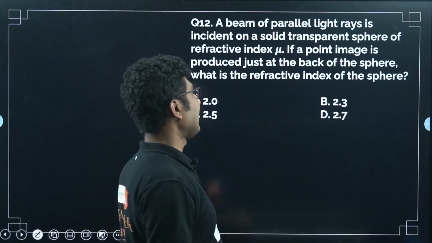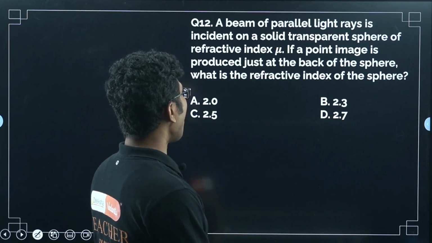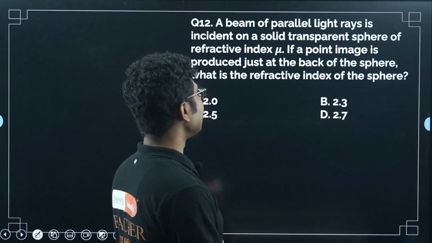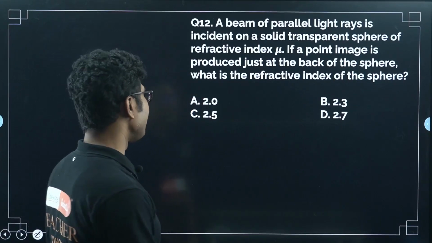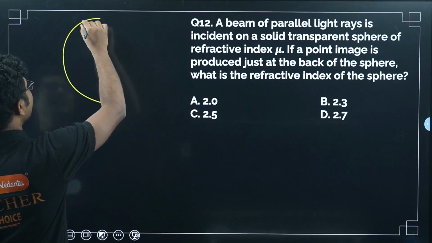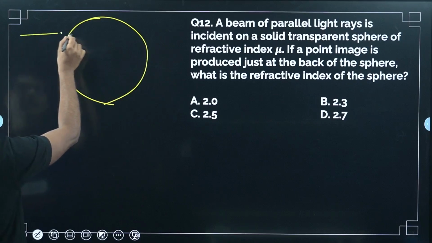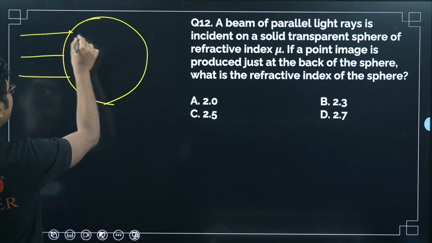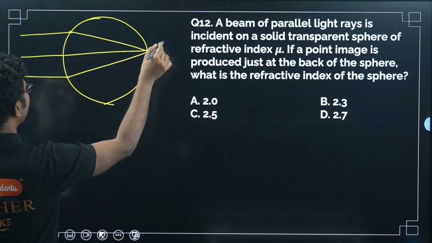A beam of parallel light rays is incident on a solid transparent sphere of refractive index mu. If a point image is produced just at the back of the sphere, what is the refractive index of the sphere? So what is this case? We have a sphere, and parallel rays of light falling on it are forming an image at the back of the sphere.